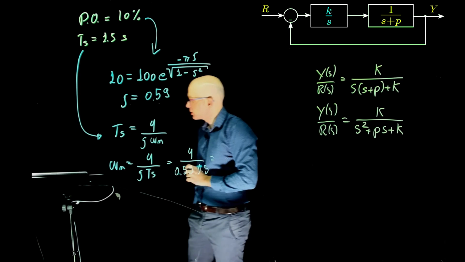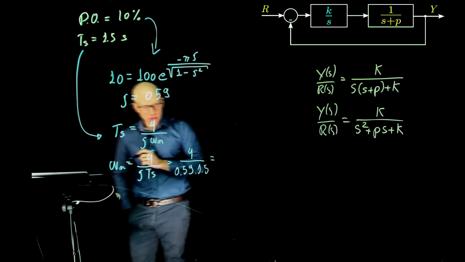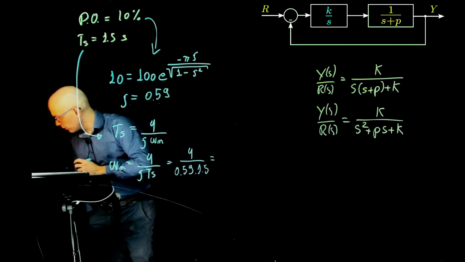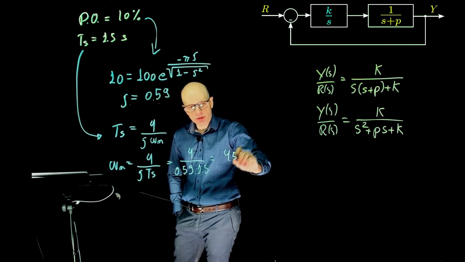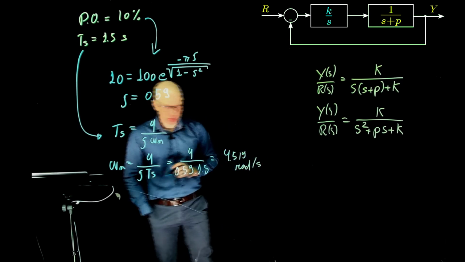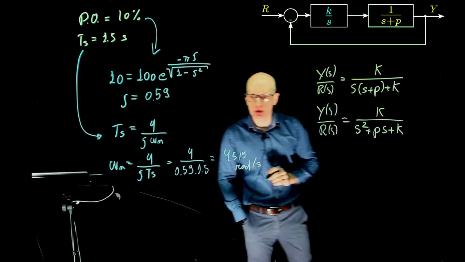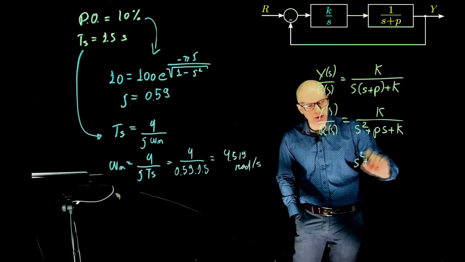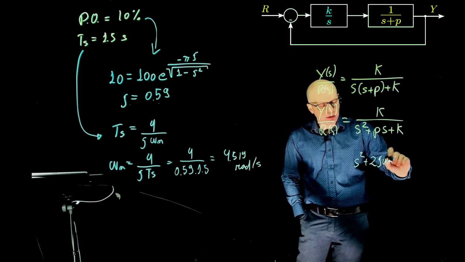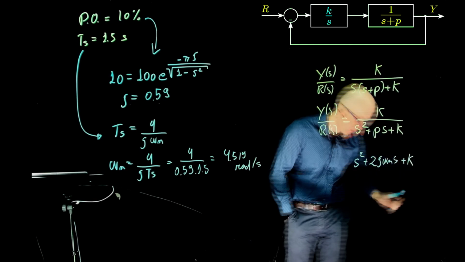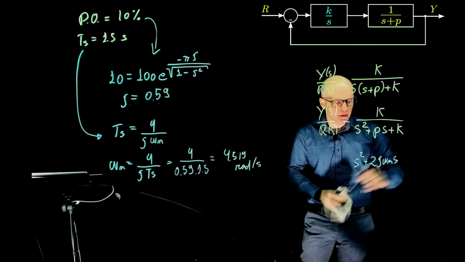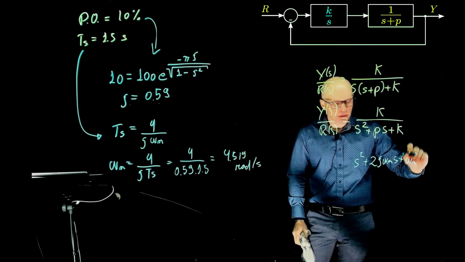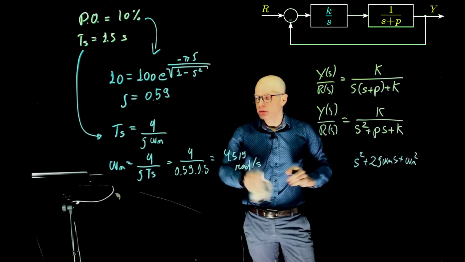And this is 4.519 radians per second. Now we know the characteristic equation as S squared plus 2 zeta omega n S plus, sorry, plus omega n squared. Yeah, do you have a question there? Yeah, is that a 4? That's a 4, yeah, 4.519.